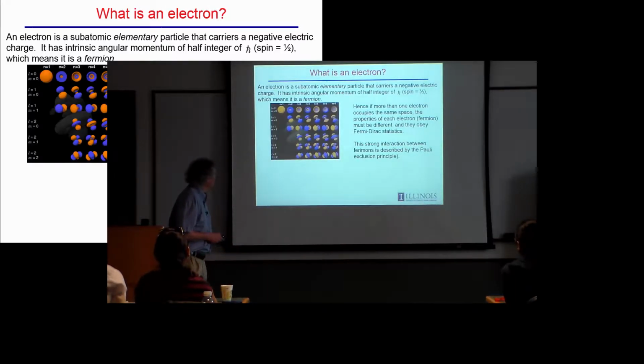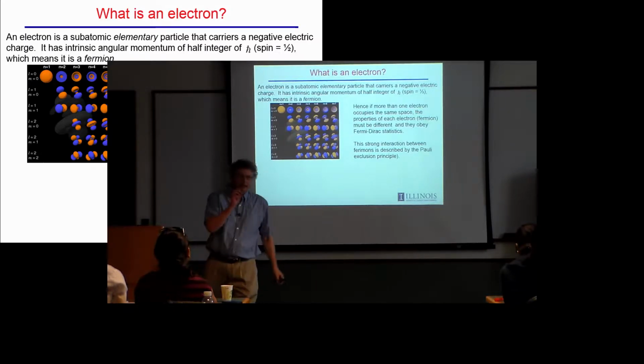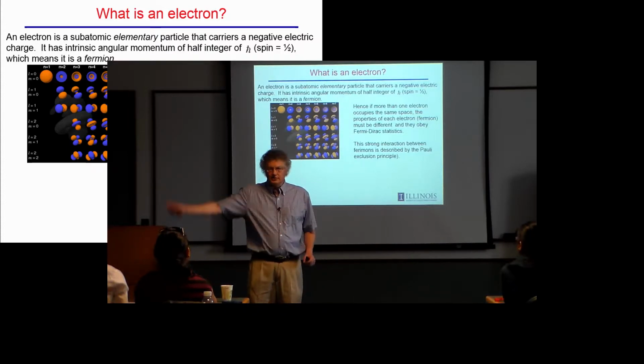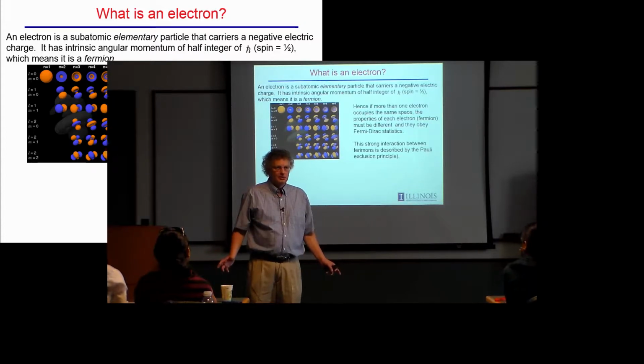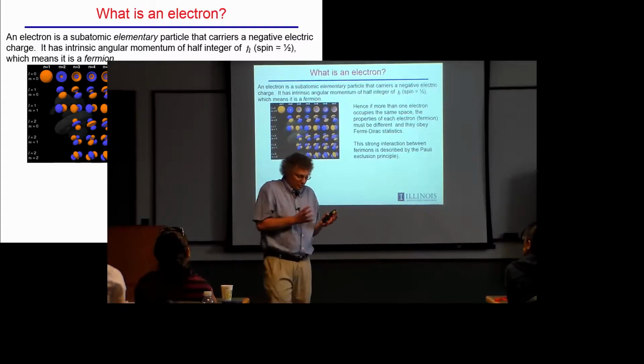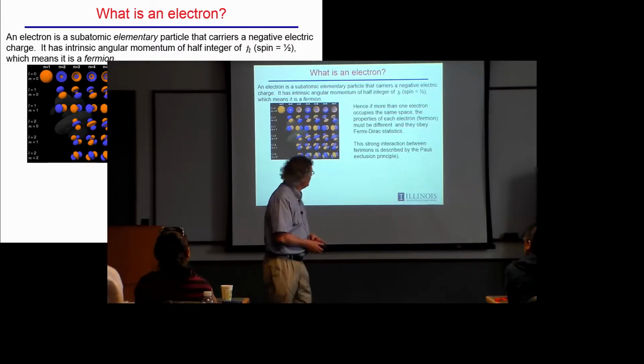It has half spin, but it has a unique feature that we all know and love, and that is that an electron can only exist in one state. The next electron has to be in a different quantum state. It cannot be in the same state. So this is wonderful because from this we can build a full periodic chart, all the atoms that we know and love in our universe. Because every time we drop an electron into an atomic system, as we fill up the shells of the atoms, we can march through the periodic chart. So this is a great deal.